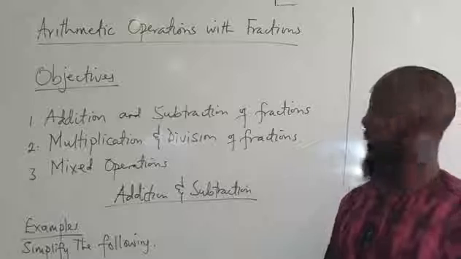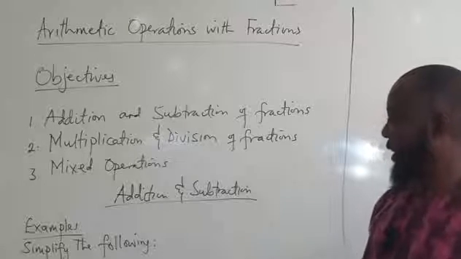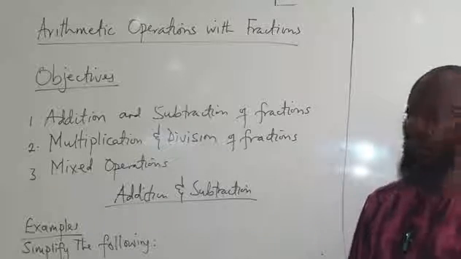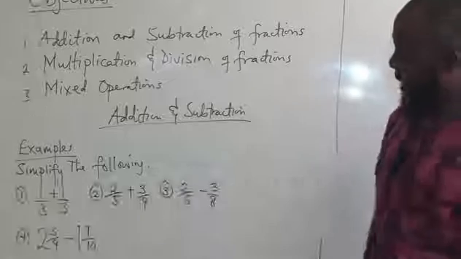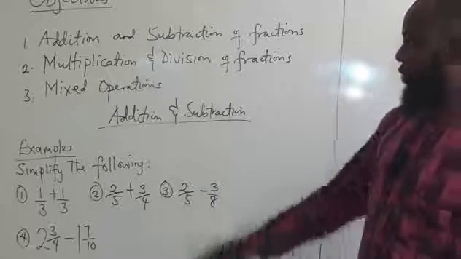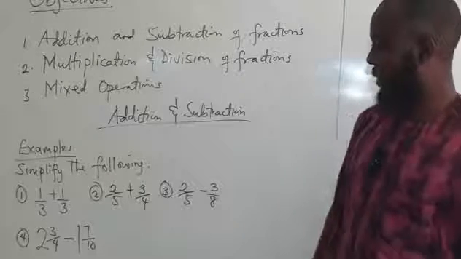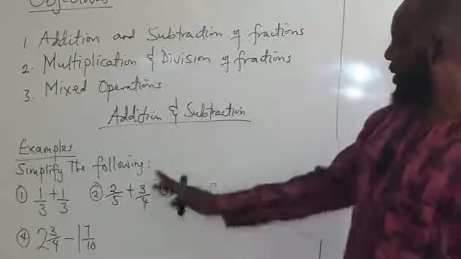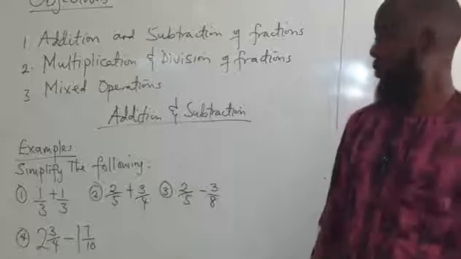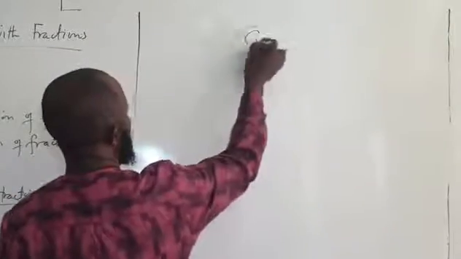But before we look into that, let's start with addition and subtraction. These are examples that we want to look at. Simplify the following. We have these four examples that involve addition and subtraction. Let's start with the first one. Solution.